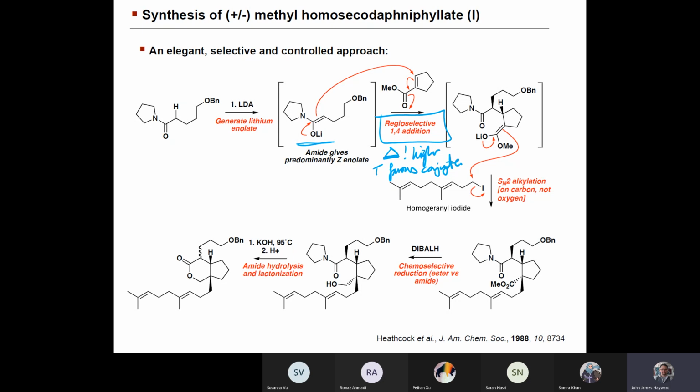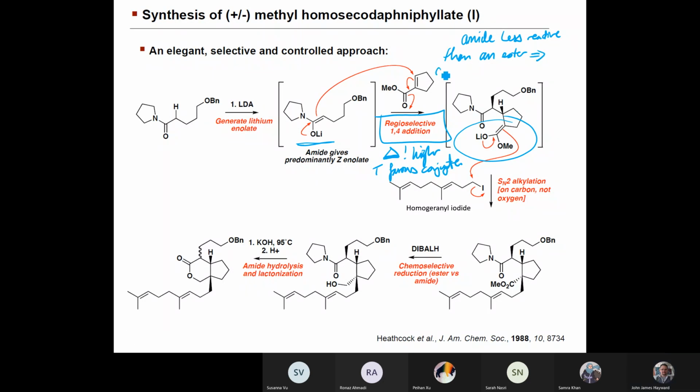What's really cool, though, is that by doing that, they generate an enolate, and that enolate is itself semi-stable. And therefore, they've generated a desired enolate at the expense of the amide enolate. So remember that an amide is less reactive than an ester.